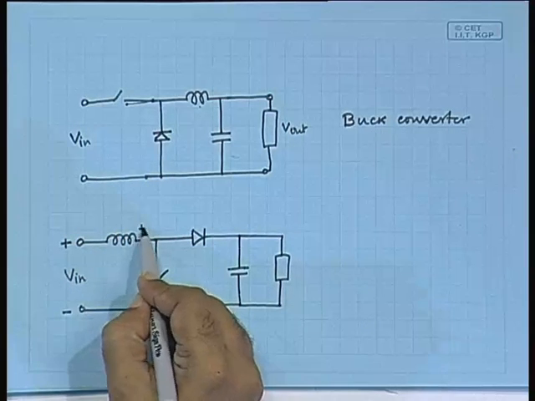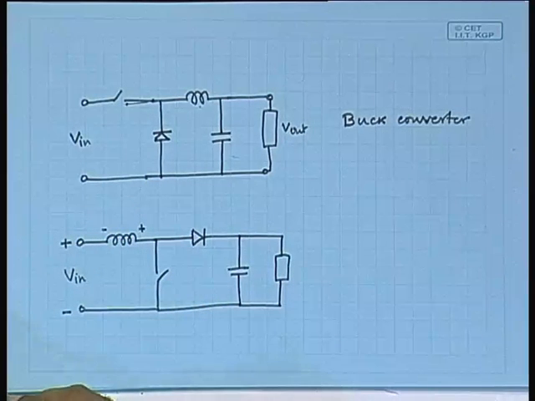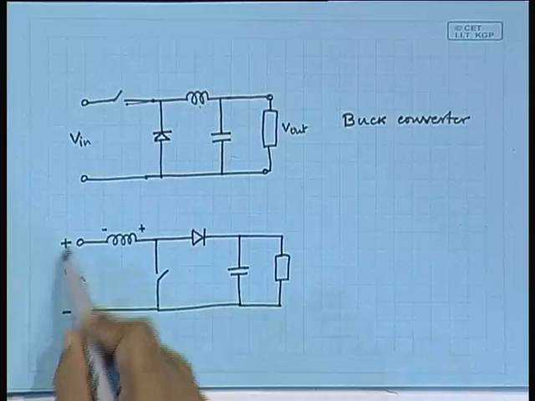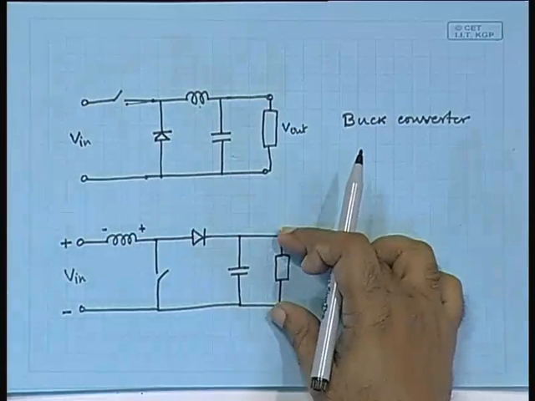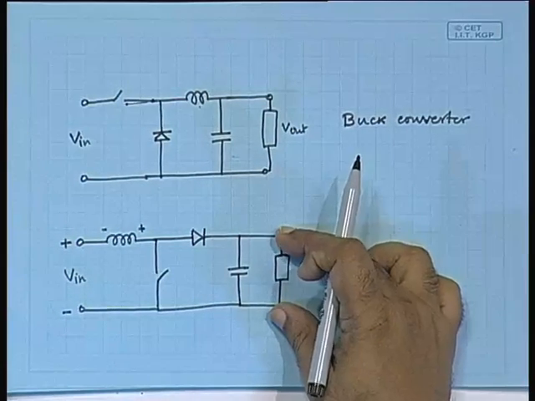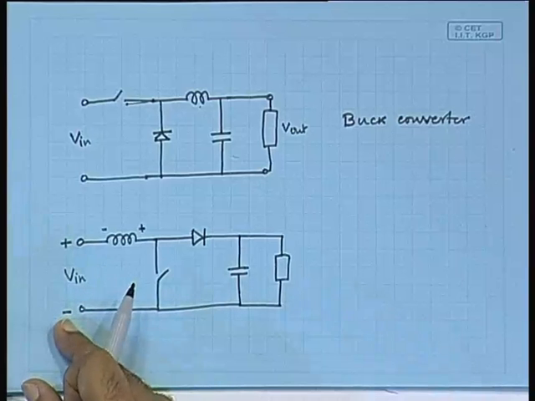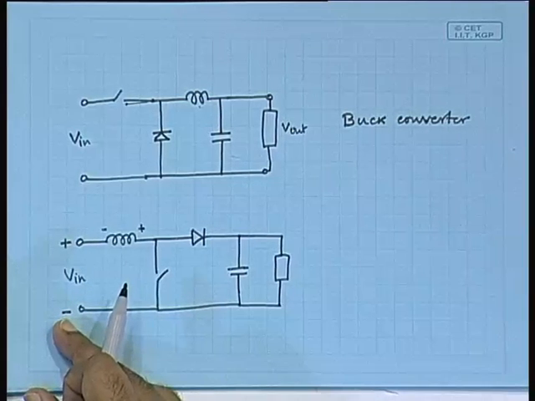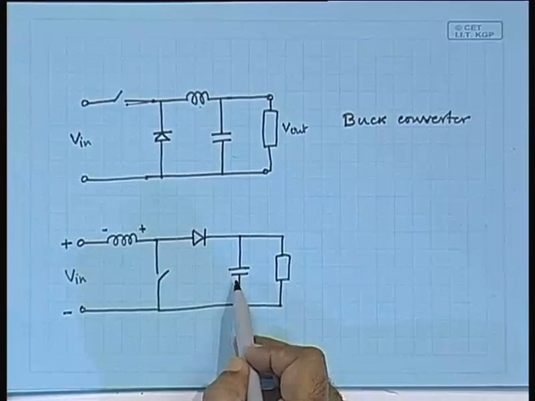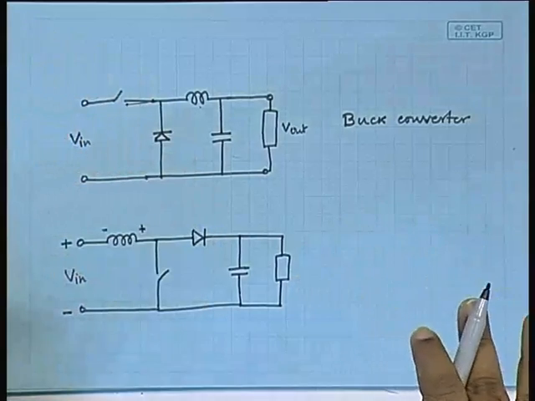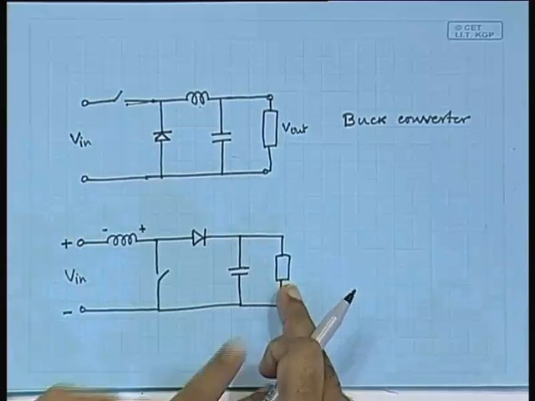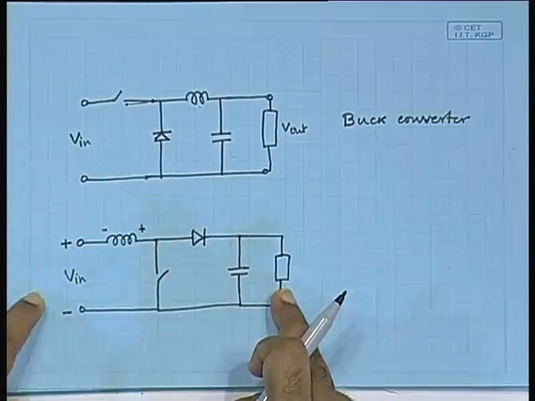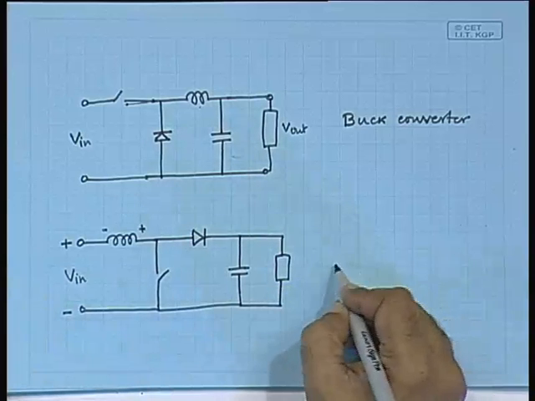So, this will be like this. As a result, this voltage and this voltage will apply across the load. So, the load voltage will be higher than the input voltage, and the capacitor has the effect of sort of smoothing out. So, what we see at the load is a voltage higher than the input voltage. So, this is called the boost converter.